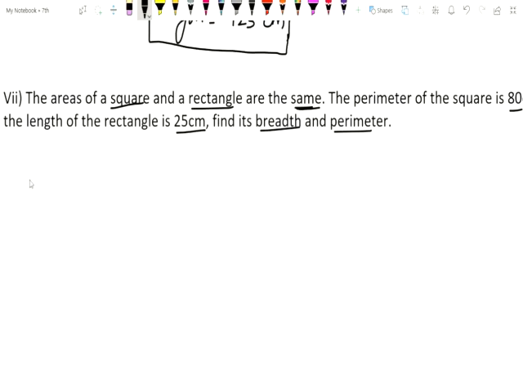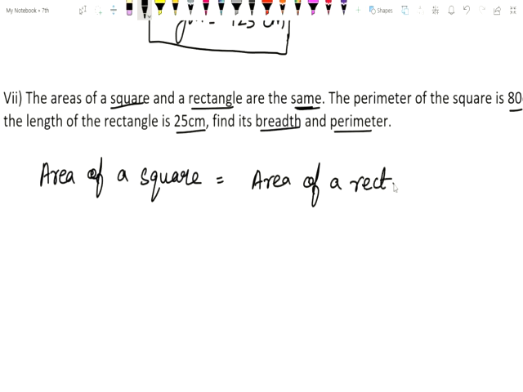So what is the condition given here? Area of a square equal to area of a rectangle. So it is given in the condition.